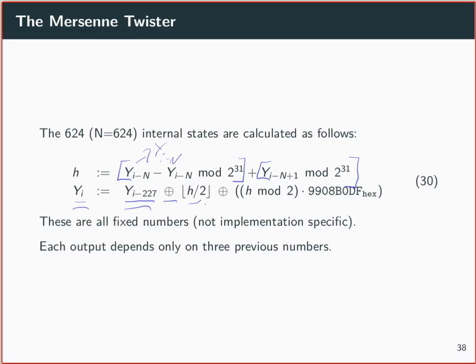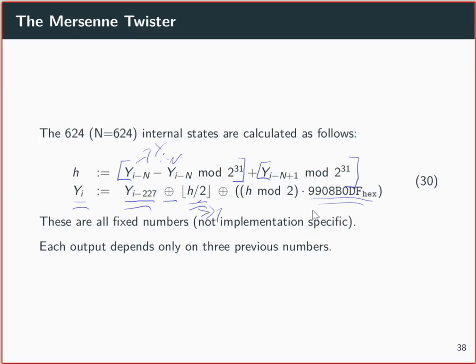This divided by 2 and then rounded downwards is just a mathematical way of saying we right shift by 1 bit. So we lose the last bit. And then we XOR it with H mod 2, so the last bit of H, times this constant.